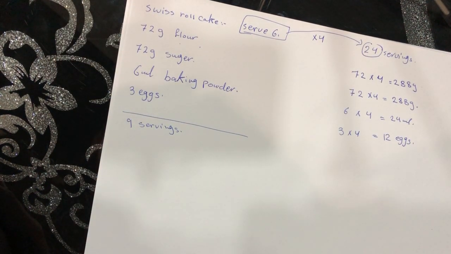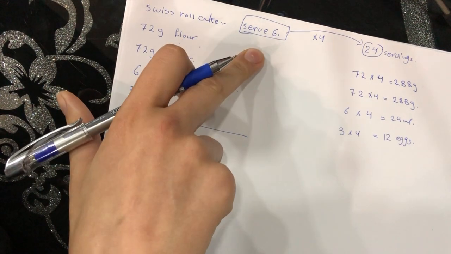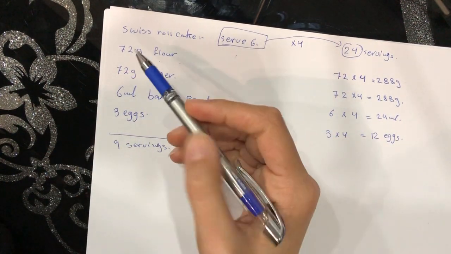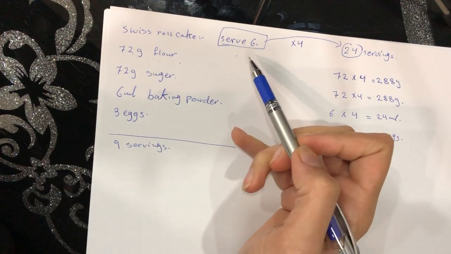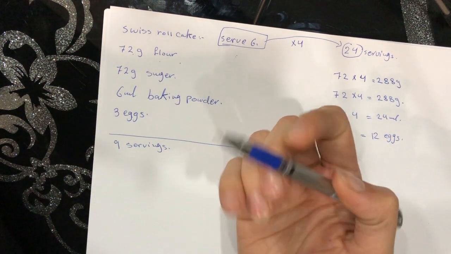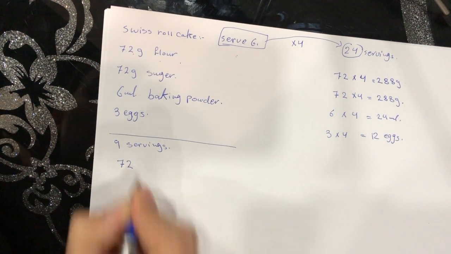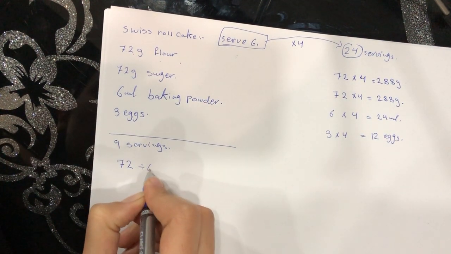9 servings. Now we will use the unitary method. The unitary method is finding how much I will need of each ingredient for 1 unit instead of 6. In the question, these ingredients are for 6 servings. So how much of each one will I need to serve 1? So I'll say 72 grams of flour divided by 6.